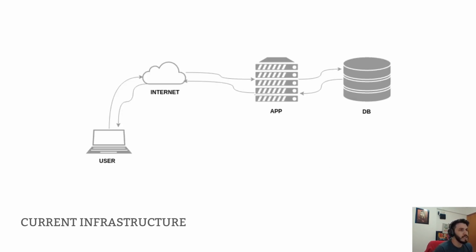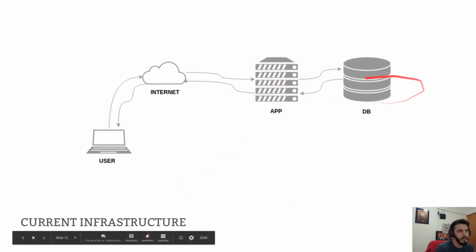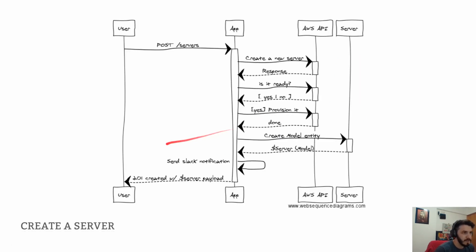And so this is the current infrastructure of our application. We have the app server and the database, and this is our current implementation. We have a servers endpoint which users can send a POST HTTP request to, and once the request hits our servers, we talk to AWS and we wait for a response.